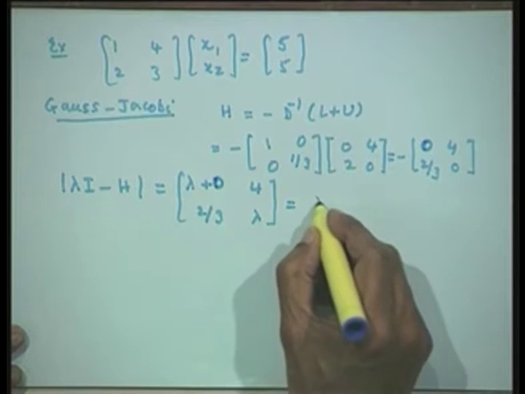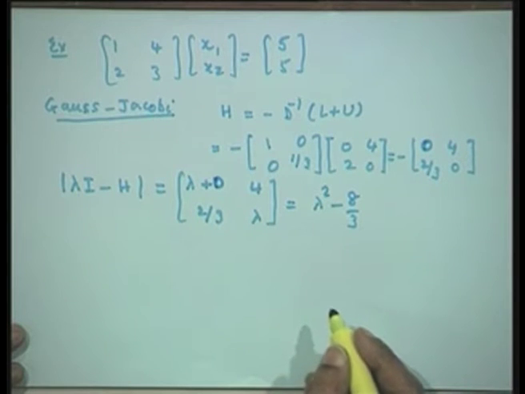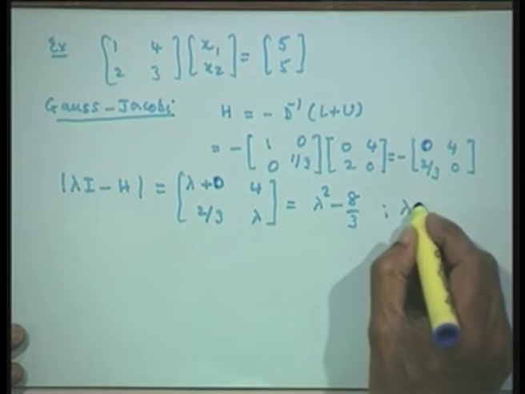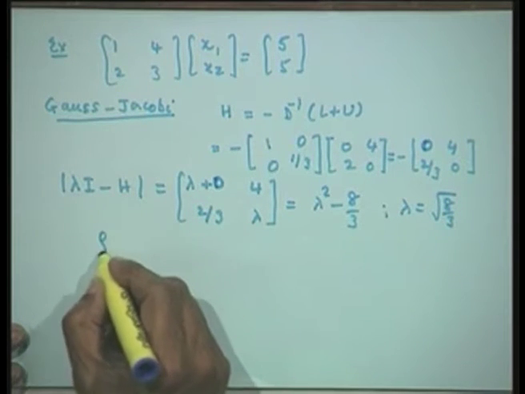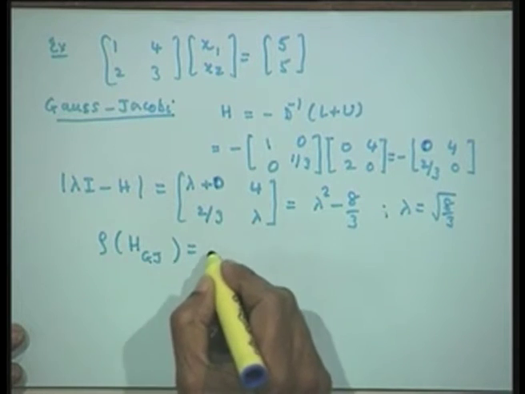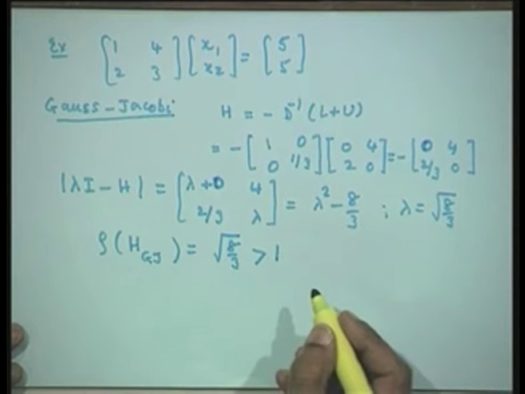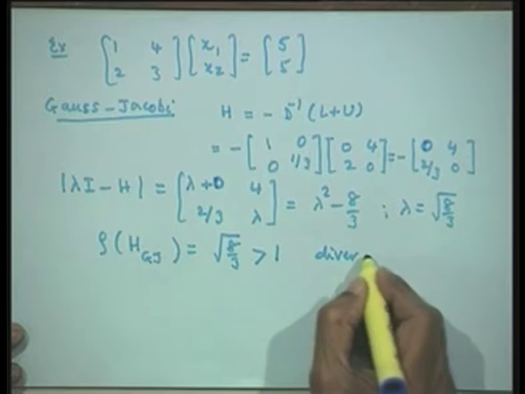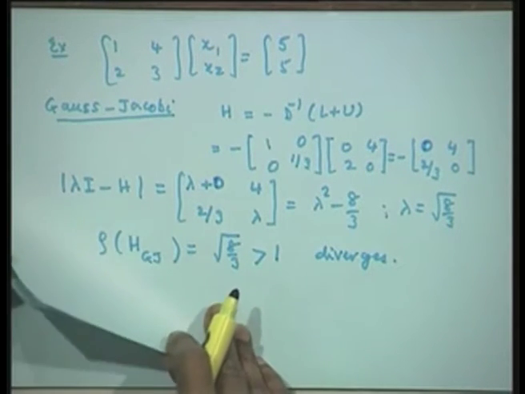So, this is equal to lambda squared minus 8 by 3. Therefore, lambda is equal to plus minus root of 8 by 3. Therefore, the spectral radius of H Gauss-Jacobi is root of 8 by 3, greater than 1. This diverges definitely. Therefore, if you apply the Gauss-Jacobi method to solve this system, it is always going to diverge.